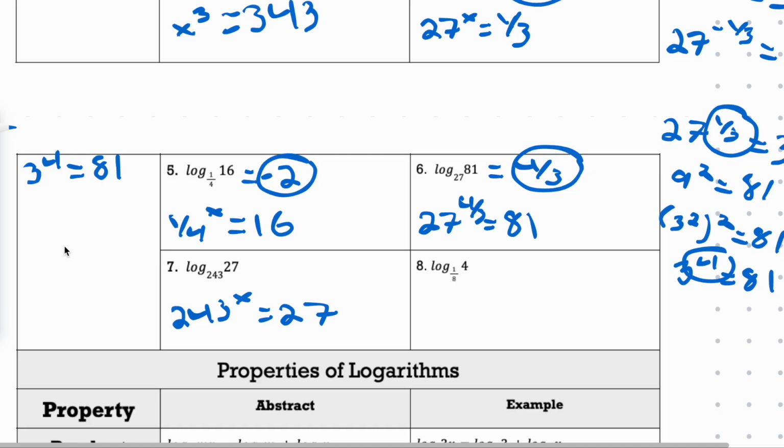That's pretty darn close. 81 times 3 is actually 243 on the dot. So it would make sense that if I multiply both sides by 3, this basically has an invisible 1. We add those exponents, it becomes 3 to the 5th equals 243.